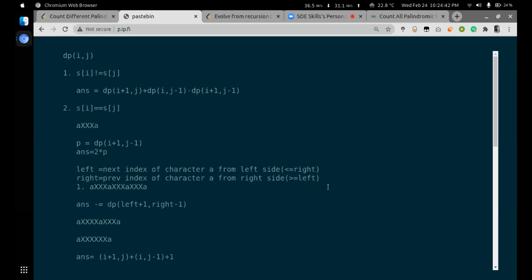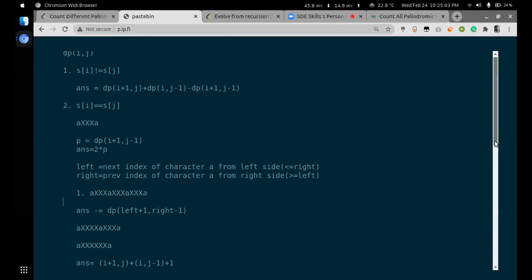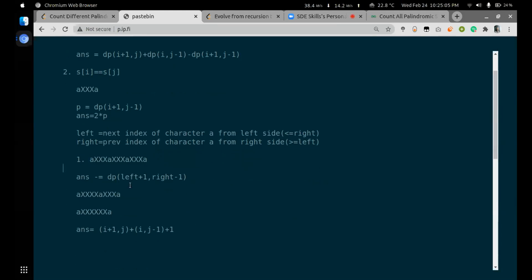So after I take out the values of left and right, I have to subtract the distinct palindromic subsequence of this substring, since it is getting repeated twice. But if we have more A's embedded inside that, we always take the last ones, correct?